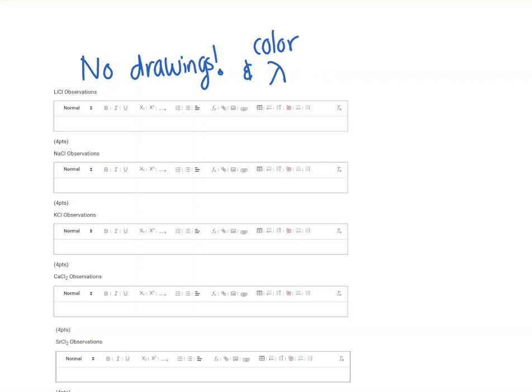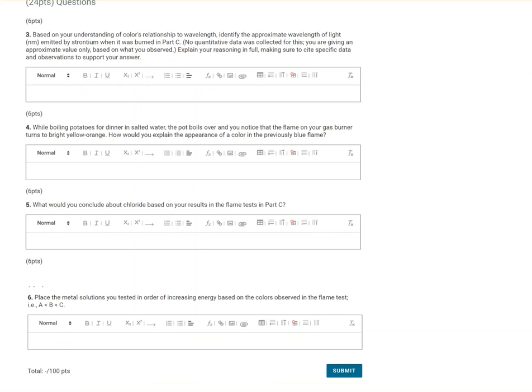Color and wavelength is what I want on each of these. In this top one, this is where you're going to have to use my chart to come up with an approximate wavelength and then convert that to energy. And I think the rest are pretty straightforward.